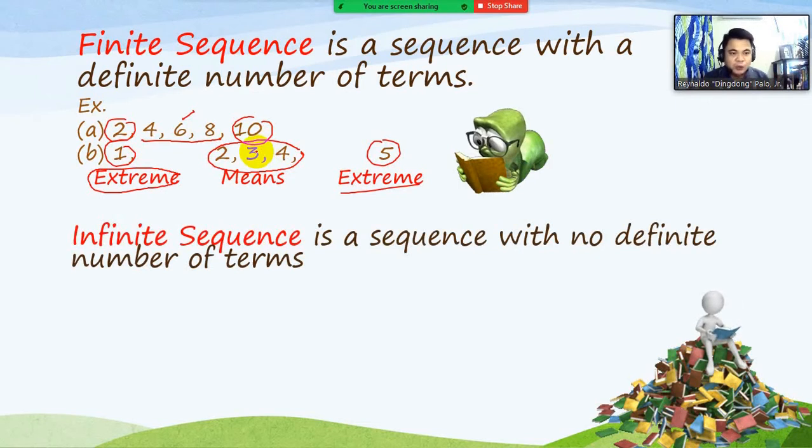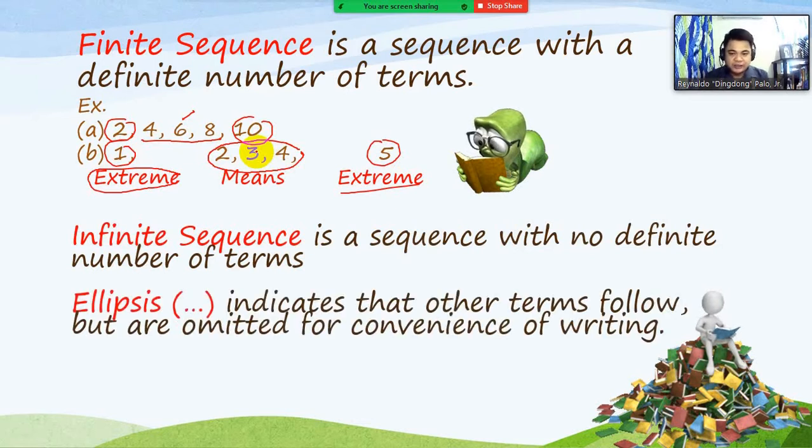There are so many terms wherein you cannot count them, unlike the finite sequence. And then, of course, we use the ellipsis symbol to indicate that other terms follow but are omitted for convenience of writing. Of course, if the terms are infinite, you're not going to write them all.